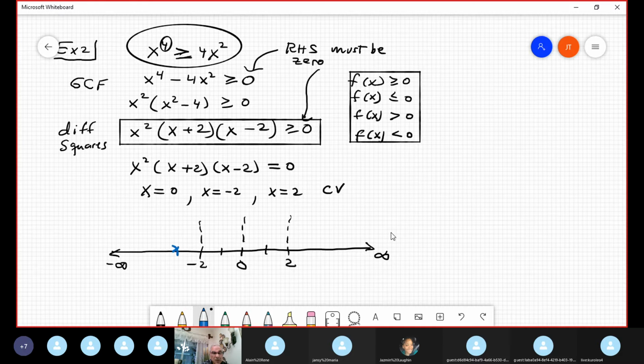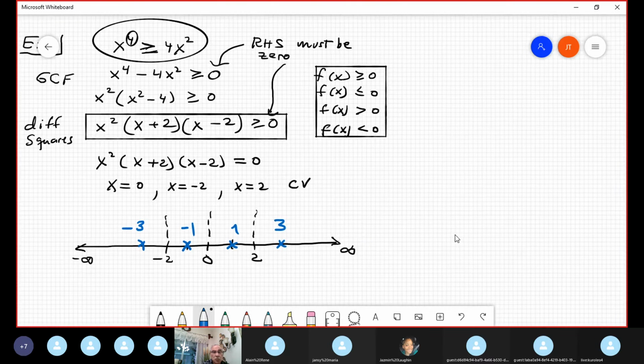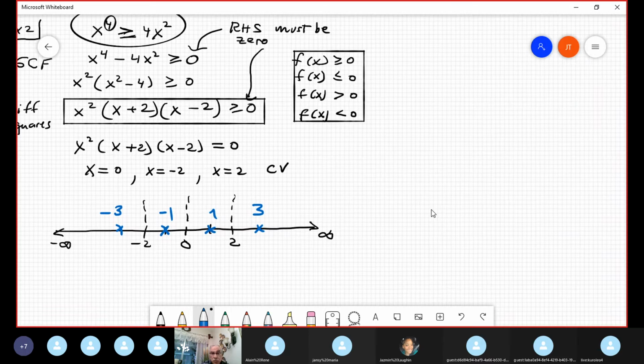For example, negative 3 is good, negative 1 is good, positive 1 is good, and positive 3 is good. Then you plug them into the expression, or do it factor by factor using the famous table.